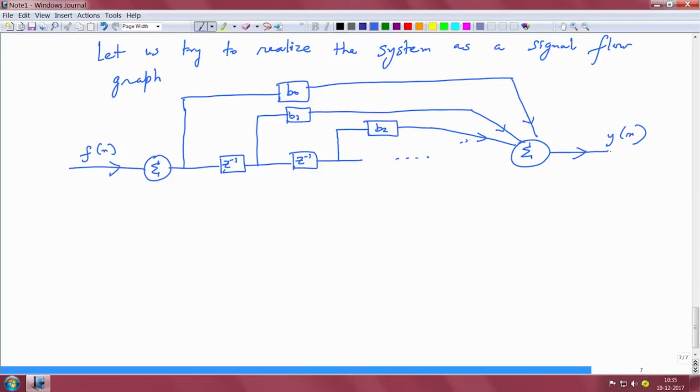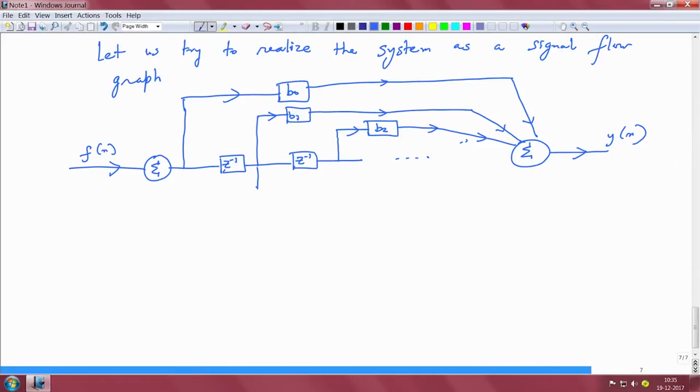So, that is one component for y of n, but y of n can also be expressed as a regression from the outputs at various other delays. So, from this delay you can have a feed forward path. I am giving you the arrows in the forward direction, that is why it is a feed forward path, plus we also have a feedback path.